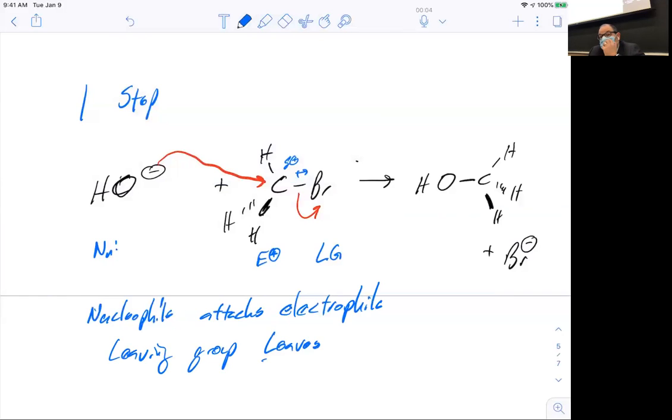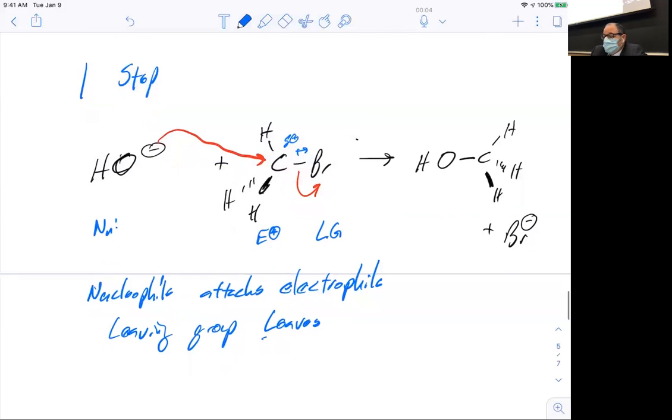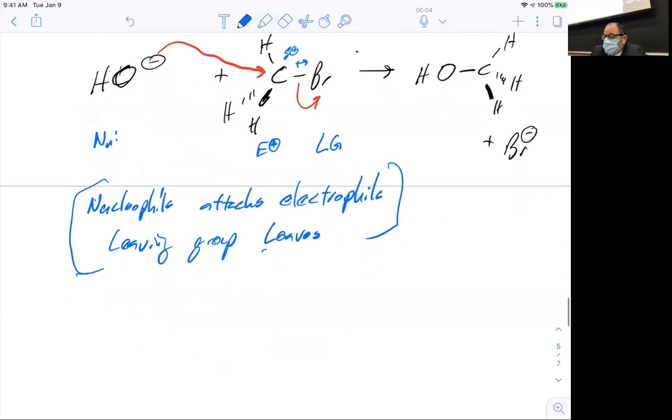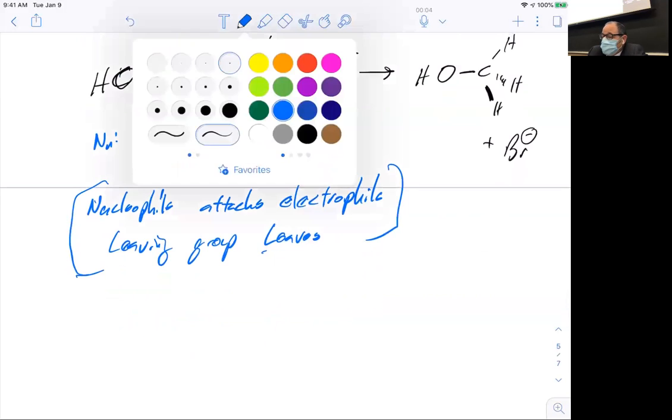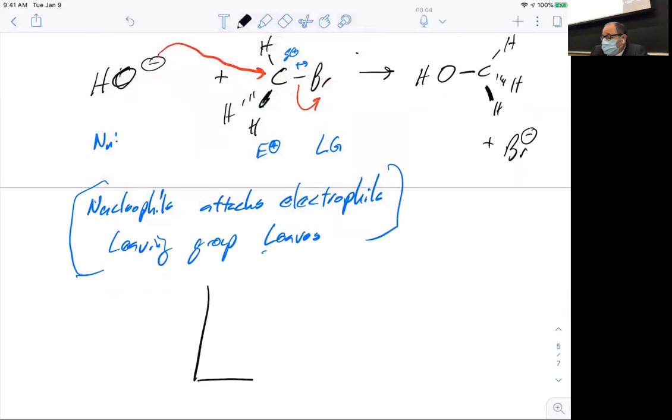And again, if you're a verbal learner, I would just say this over and over again in your head. Now, this is a one-step process. So both of these occur in that rate determining step. So if we look at what this looks like on our energy diagram, we just have one transition state.